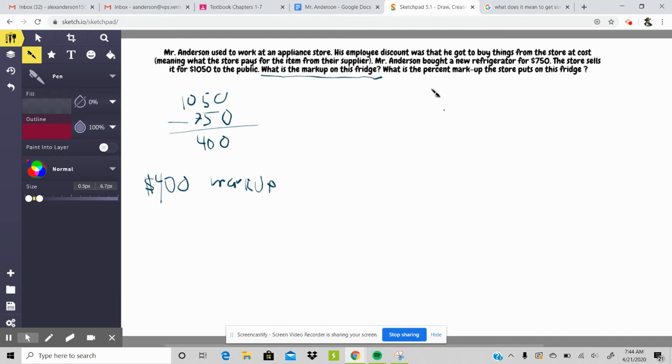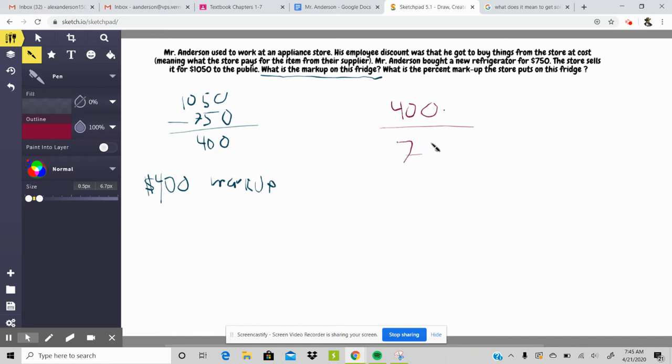To find that, you just have to figure out what the percentage is from the old price to the new price. So to figure that out, we have to find the difference, which was $400, over the original, which was 750.